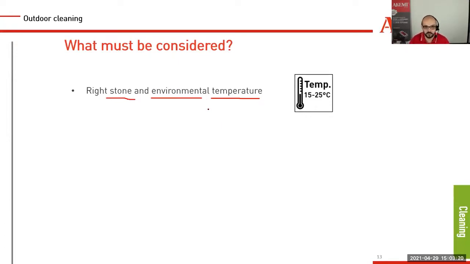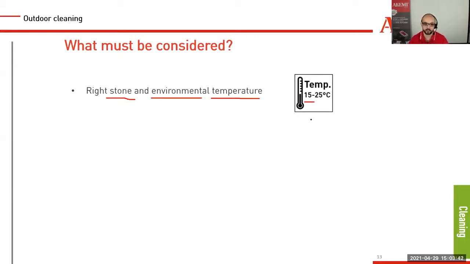For example, here in Germany we have temperatures during the day around 15 degrees Celsius, but in the night you still have colder temperatures around 0 degrees, and the stone needs time to warm up. During the day it doesn't really warm up, so you really have a cold stone.